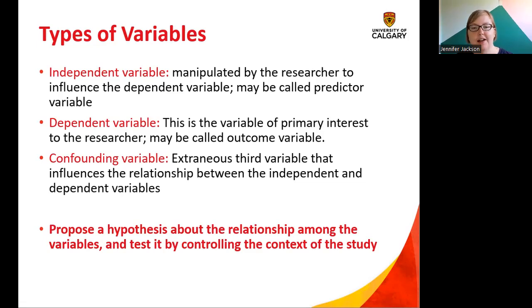You can also have something that's called a null hypothesis, and this is the counterpoint to your directional or non-directional hypothesis. So your directional hypothesis could be flipped classroom models lead to higher student grades. The null hypothesis is flipped classroom models have no impact on student grades.